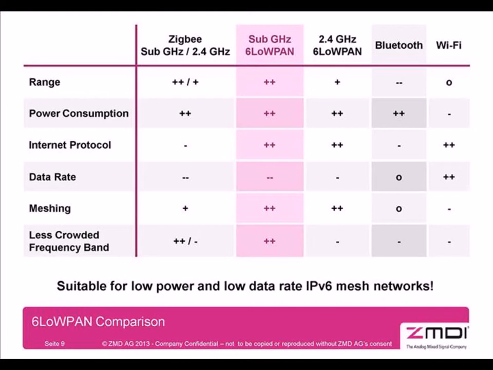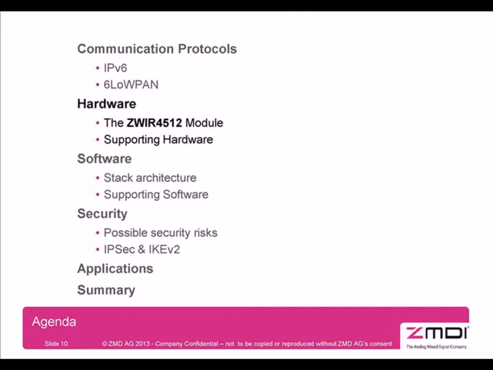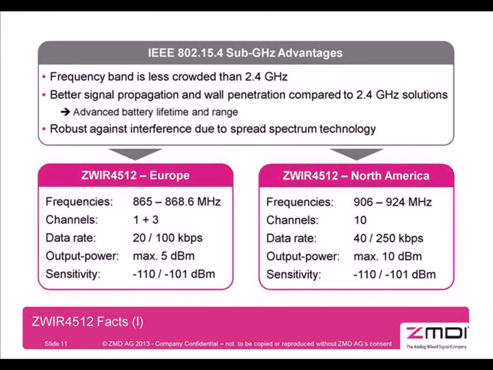In North America, we have 10 channels, and it's allowed to use higher output power. The sensitivity in North America is comparable to the European sensitivity. One advantage of the IEEE 802.15.4 standard is that the DSSS, the spread spectrum technology, is mandatory for all implementations.